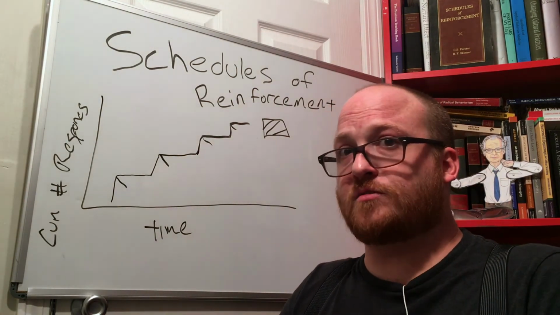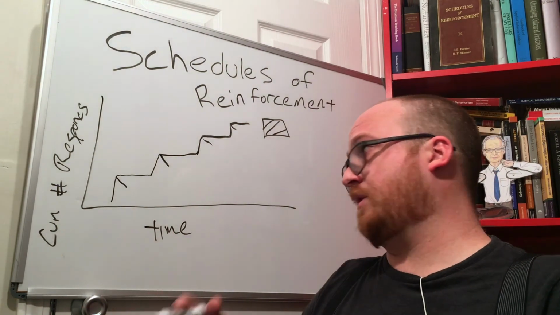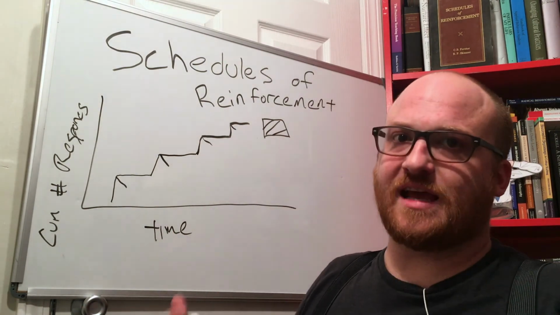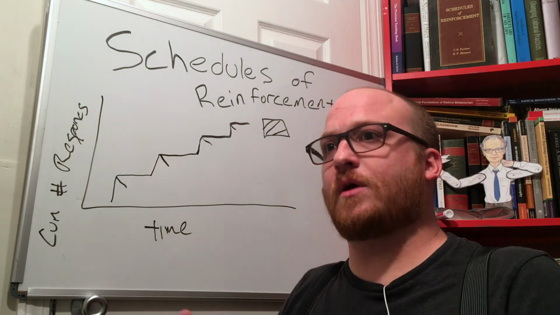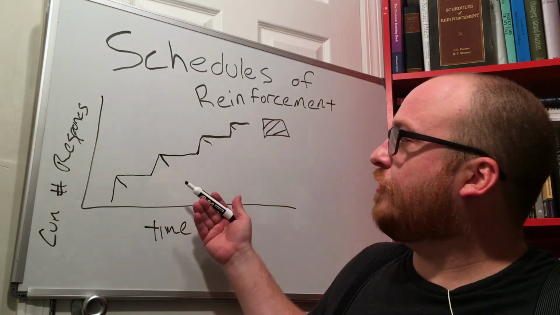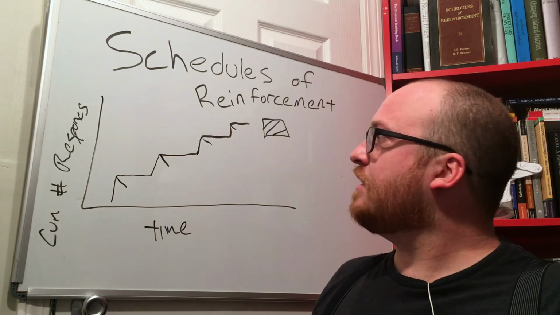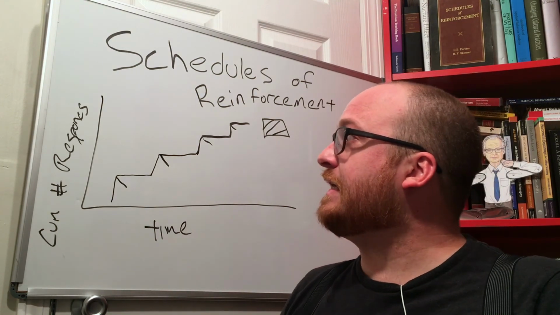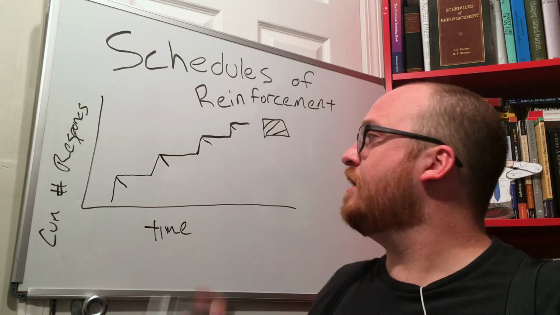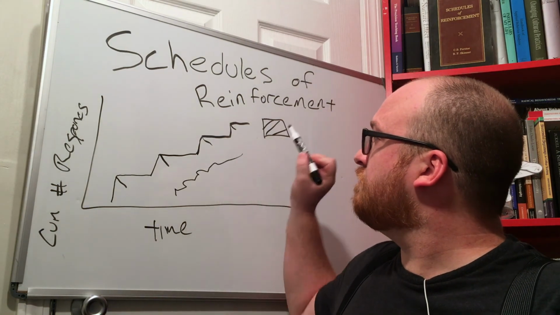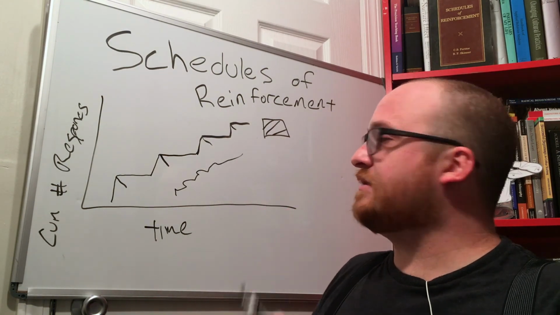Boom, reinforcement. Boom, post-reinforcement pause. And that schedule just continues to go and go and go. You'll see longer rises and longer runs, depending on your schedule of reinforcement. And again, don't forget, FR1 is continuous reinforcement. So you're going to see quick little steps and rises, steps and rises.